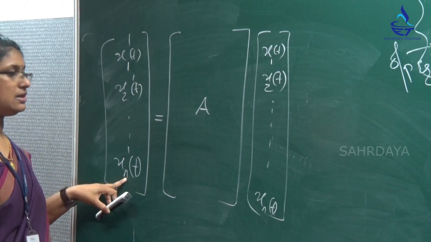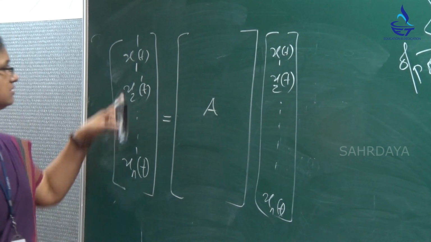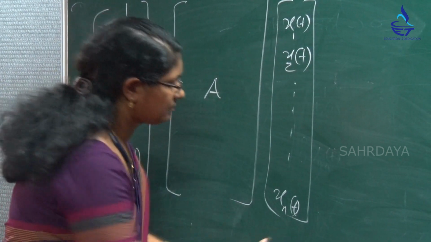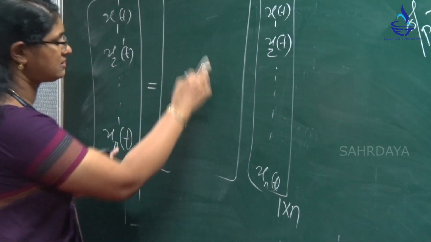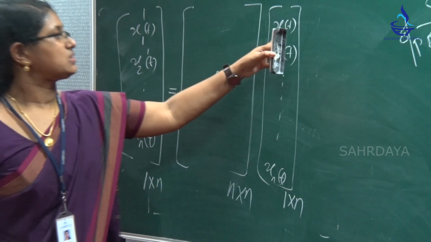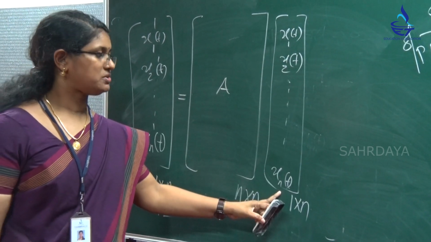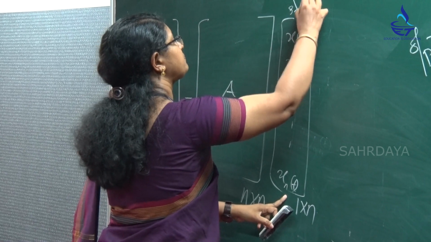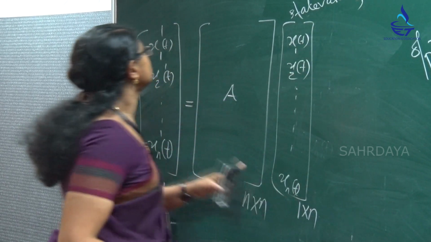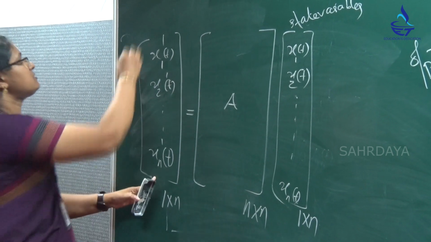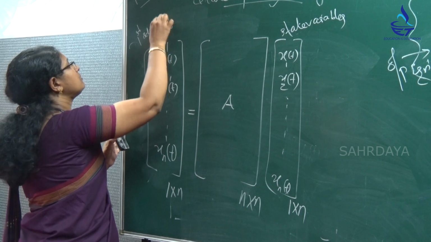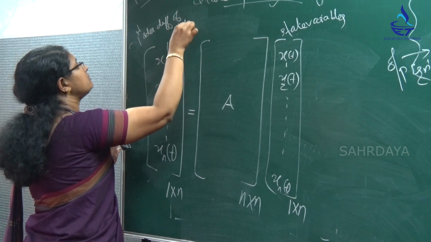Now assuming there are n state variables, this will be an n by 1 matrix, and again this is an n by 1 matrix. So your matrix A should be of the order n by n. Here x1 of t, x2 of t up to xn of t are the state variables, and these are the first order differentials of state variables.